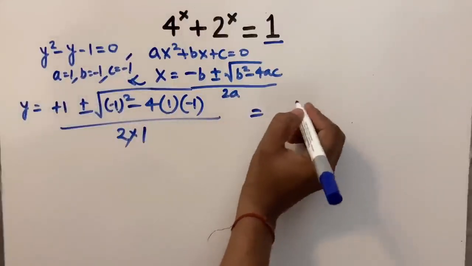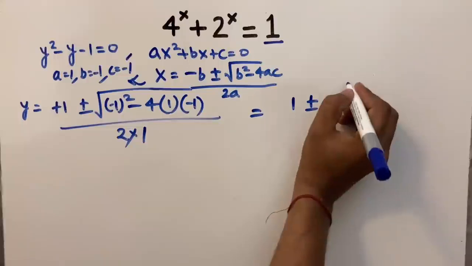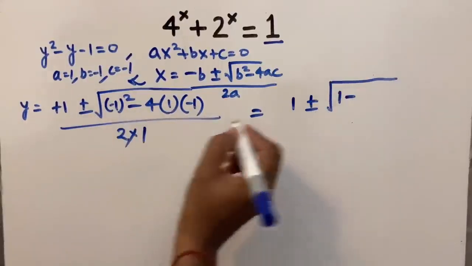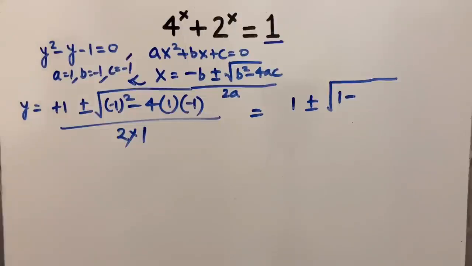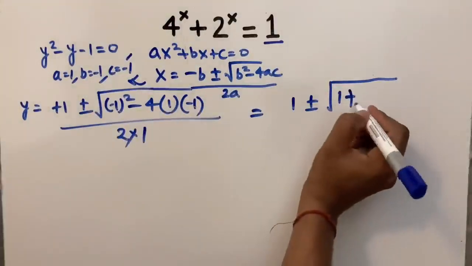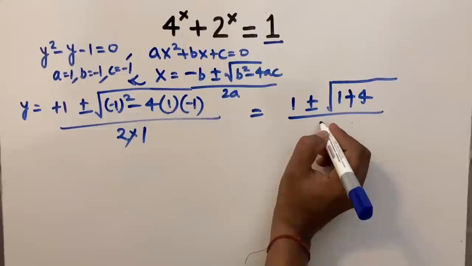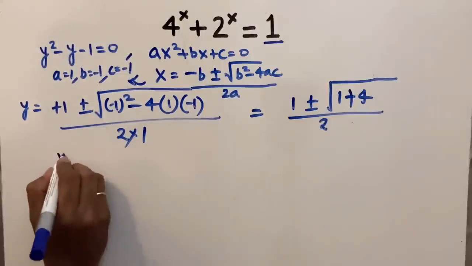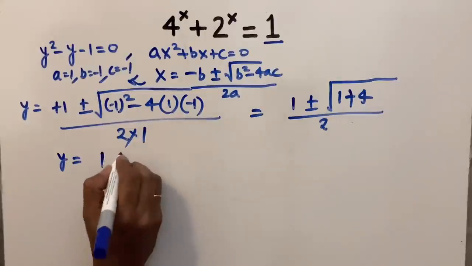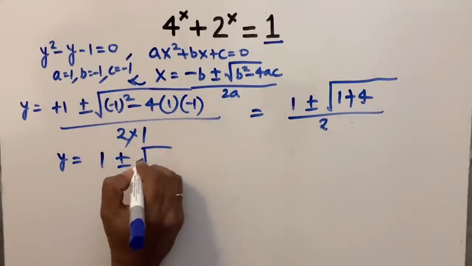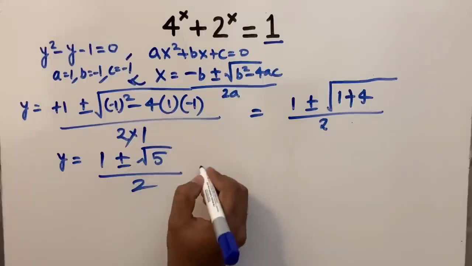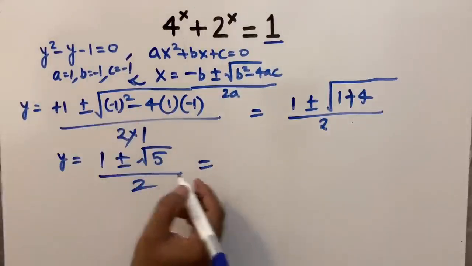So y equals to 1 plus minus square root, 1 square is 1 minus 4 multiply 1 is 4 multiply minus 1 is plus, so this becomes plus 4 divided by 2. So y equals to 1 plus minus square root of 5 divided by 2.